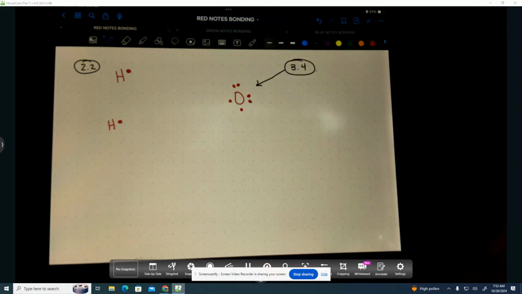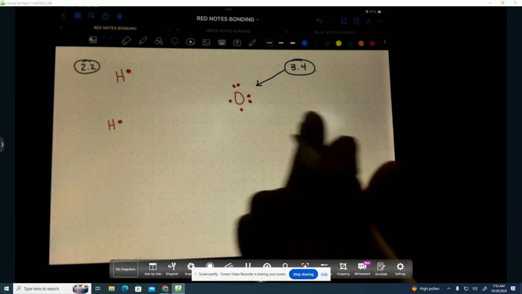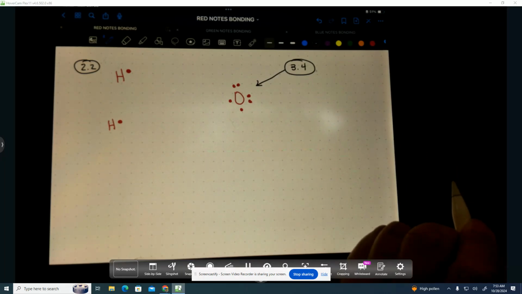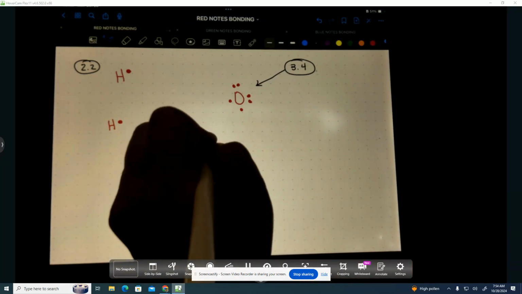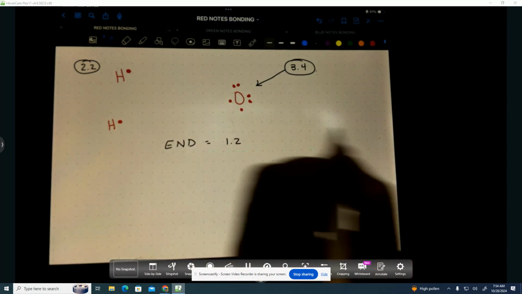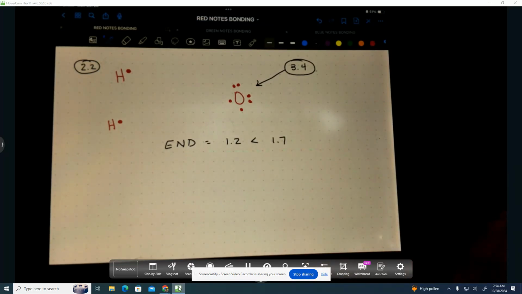See oxygen there, 3.4? So if I subtract the two of these, 3.4 minus 2.2, I'm going to get an electronegativity difference of 1.2, which is less than 1.7, confirming that it is covalent.